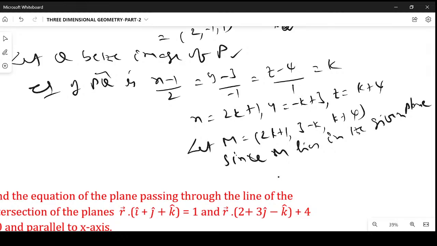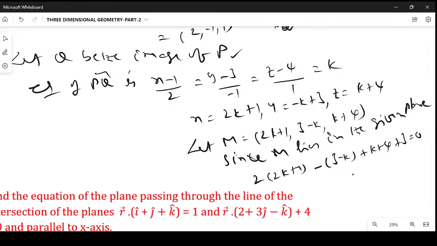Substituting the value of M into the plane equation, we write 2(2k + 1) - (3 - k) + (k + 4) + 3 = 0.